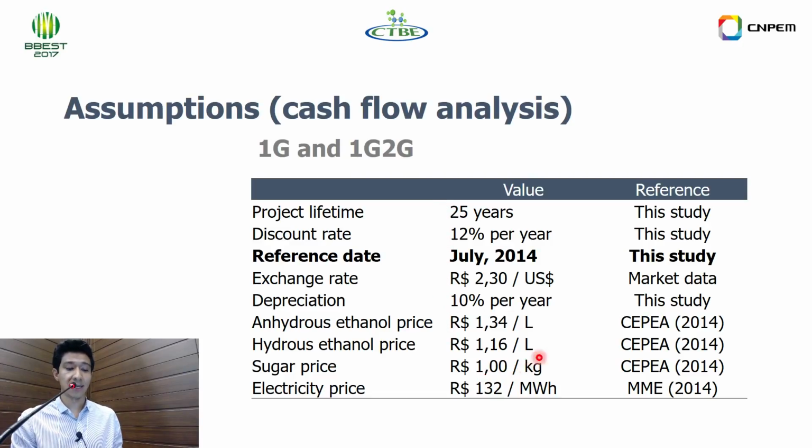At that time, in July 2014, prices were 1.34 for anhydrous ethanol, and 132 for electricity. Only to update these values, for now we consider about 170 reais per liter of anhydrous ethanol, and for electricity a value around 200 reais per megawatt hour.